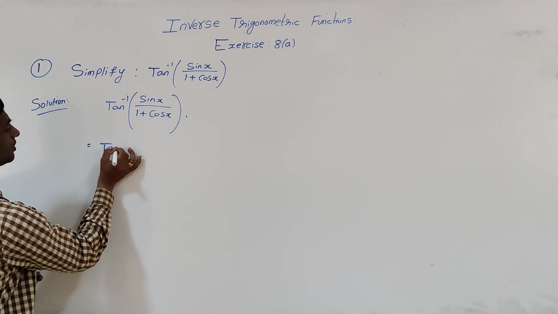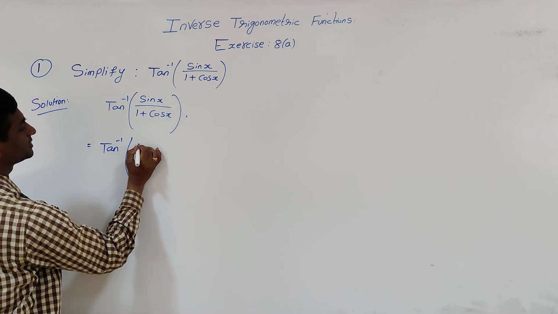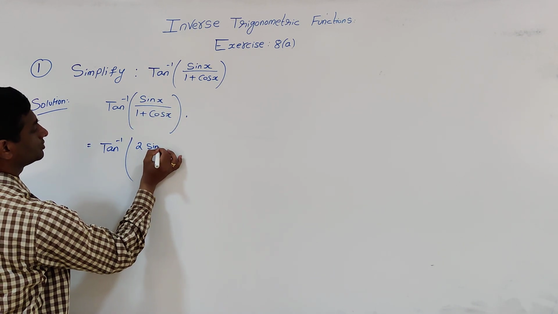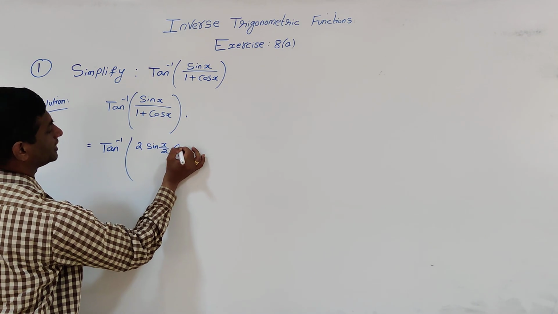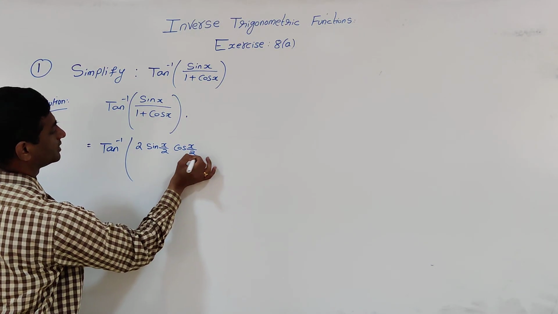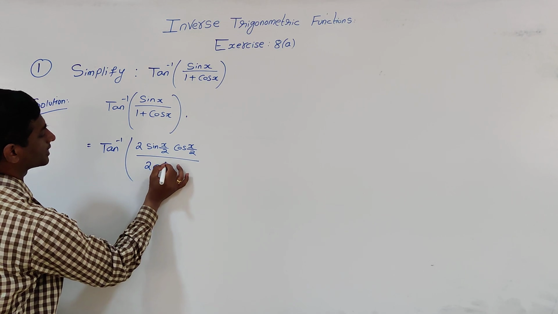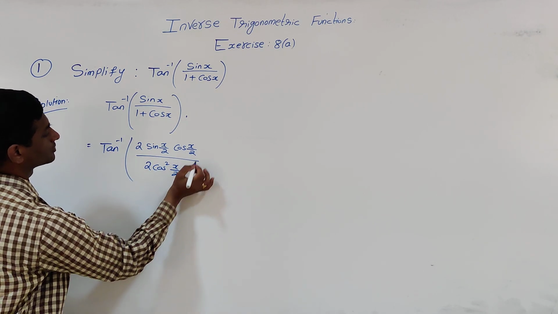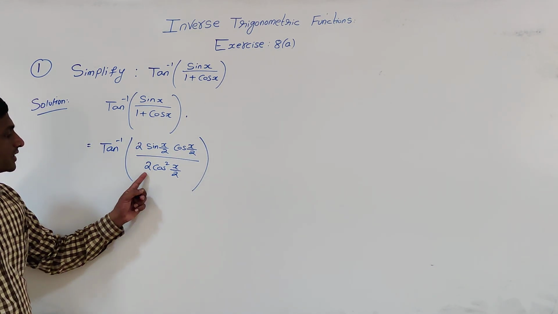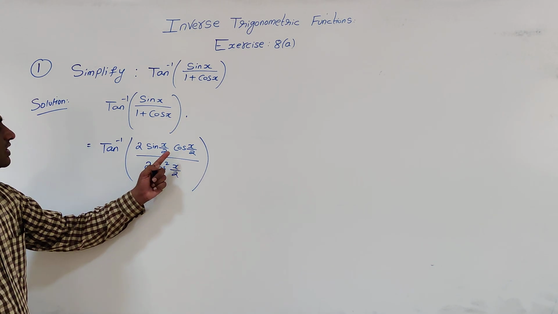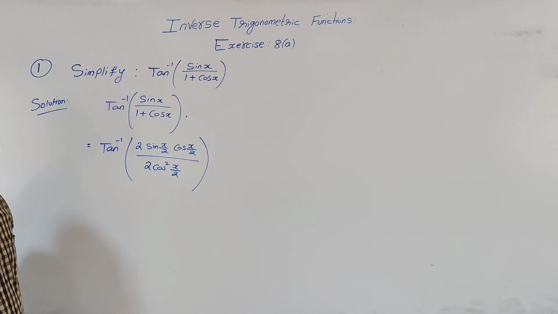So tan inverse of sin x means it is sin x by 2 cos x by 2, half angle formula, by 1 plus cos x, which will be 2 cos square x by 2. So 2 gets cancelled, cos x by 2 gets cancelled.